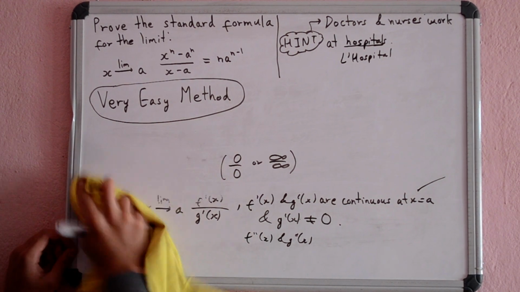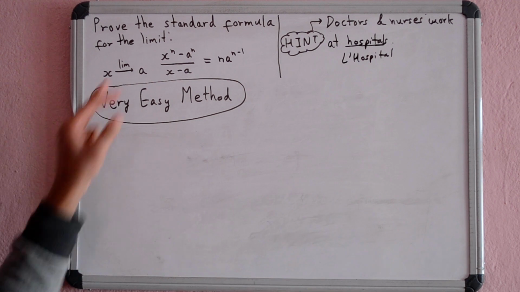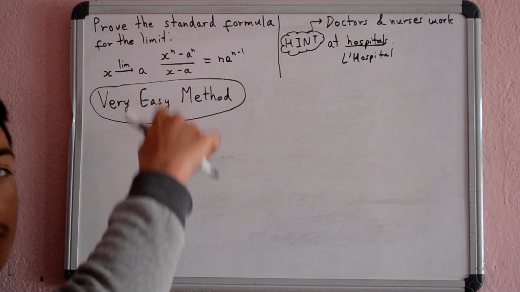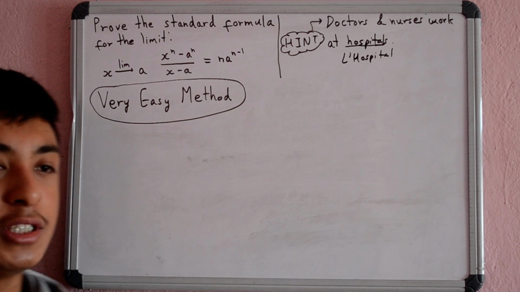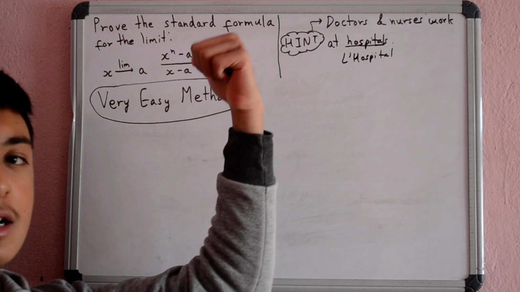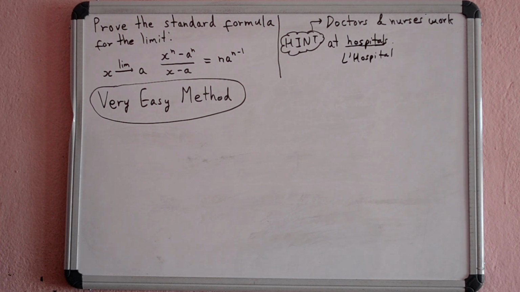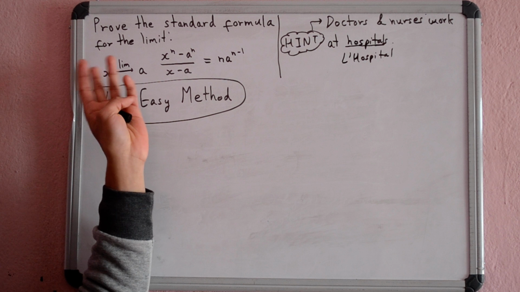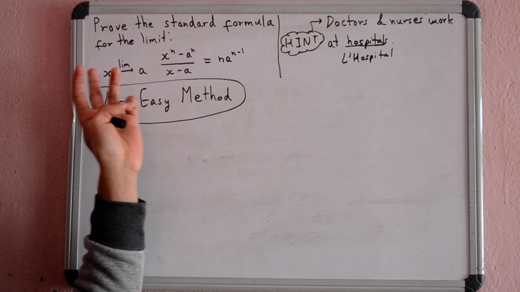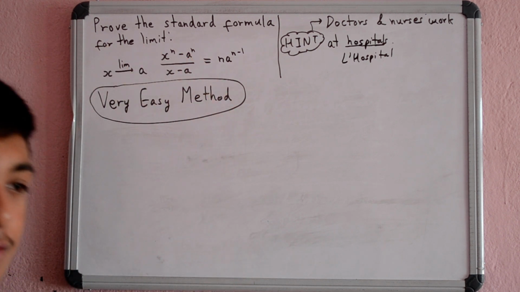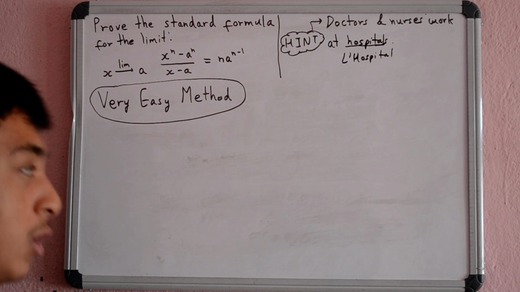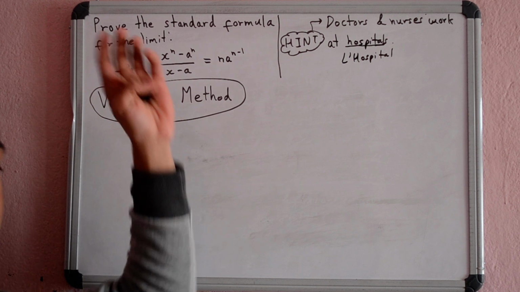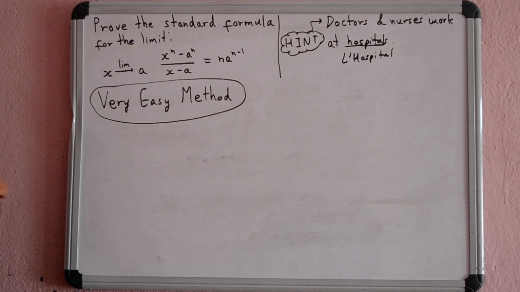So basically in L'Hospital's rule, the limit stays the same, only you have to find the derivative of the numerator, derivative of the denominator, and do that many times until you can actually put the limit in without having the 0 by 0 case. So you should know when to stop. You should always implement the limit inside and check if it is an indeterminate case or not. And if it's not, well, you found your answer. If it is, just continue using L'Hospital's rule.